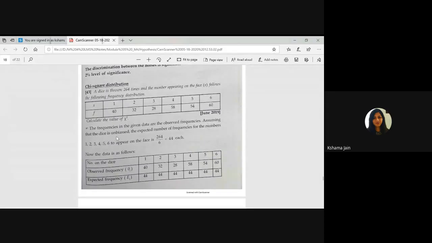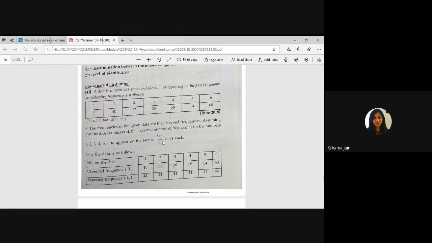Assuming that the dice is unbiased, the expected frequency for the numbers 1, 2, 3, 4, 5, 6 to appear on the face is from 264 throws. All are unbiased, so all have equal chances: one number should come equally, two should come equally, like this up to 6. So 264 should be divided by 6 numbers, isn't it? I'm trying to elaborate it.